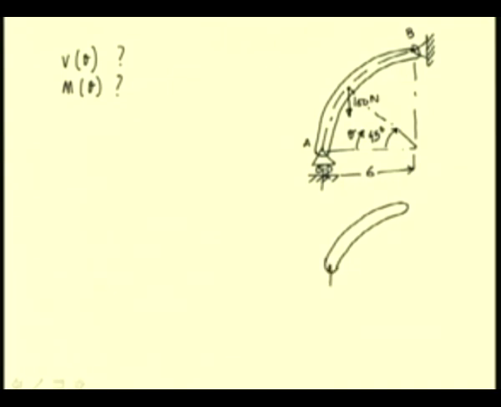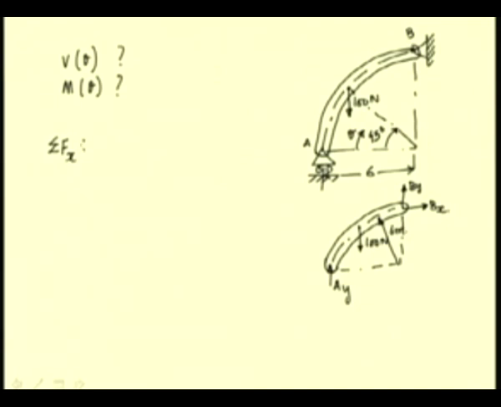So, at A we have a roller support, and at B we have a pin support, and we have an externally applied load of 100 newtons. The radius is 6 meters. So, let us write the equations resulting from this free body diagram.